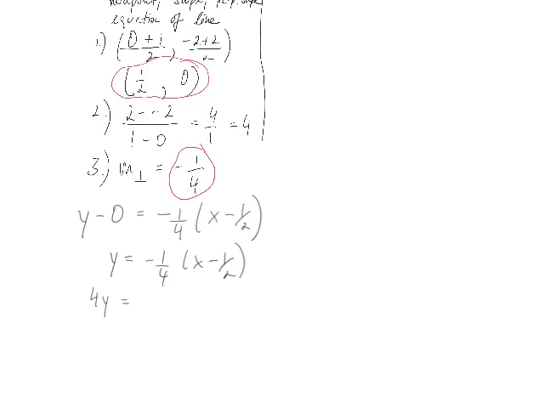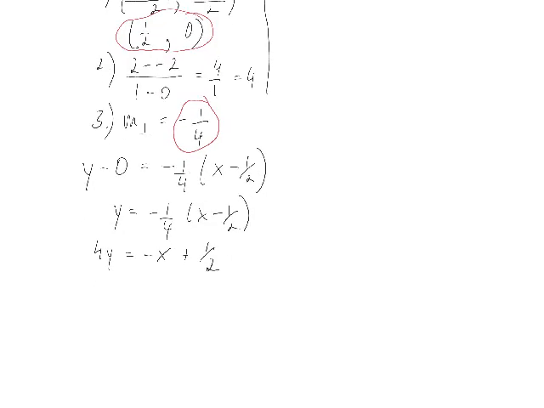What we are left with is minus 1 times x, it's minus x, and minus 1 times minus 1/2 makes it plus 1/2. I want to get rid of the 2, so I multiply everything by 2, so 8y equals minus 2x plus 1.